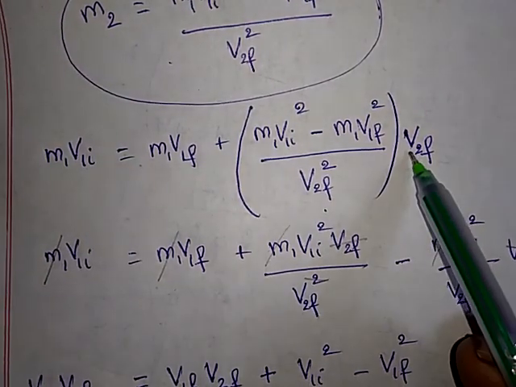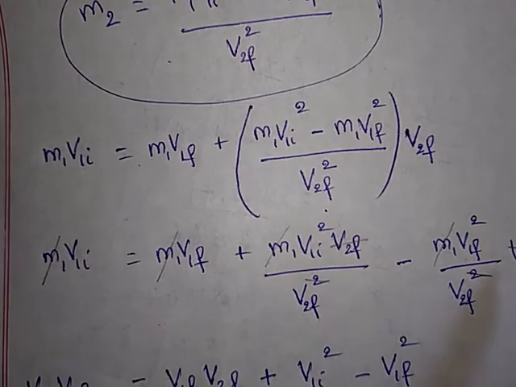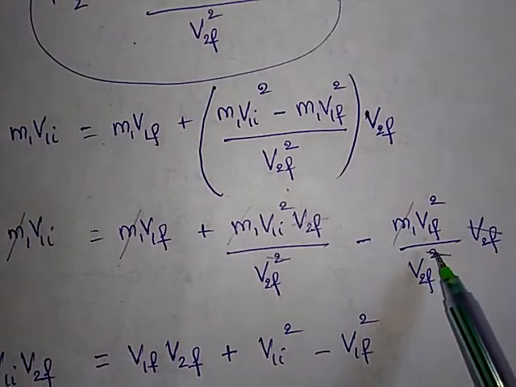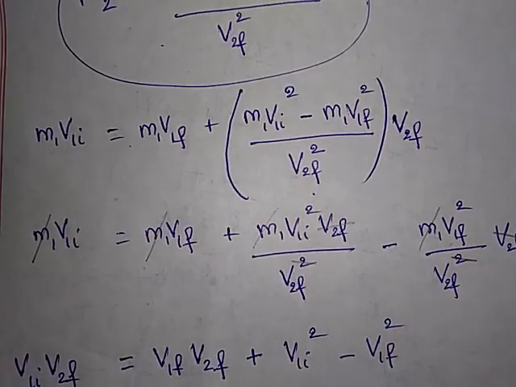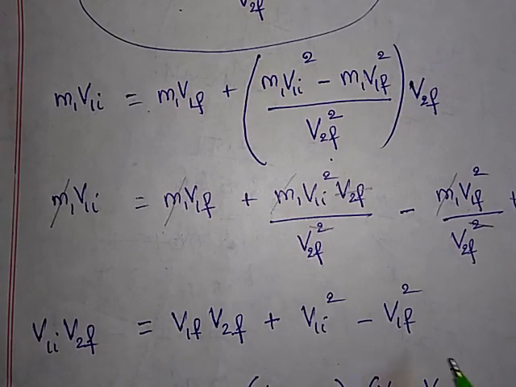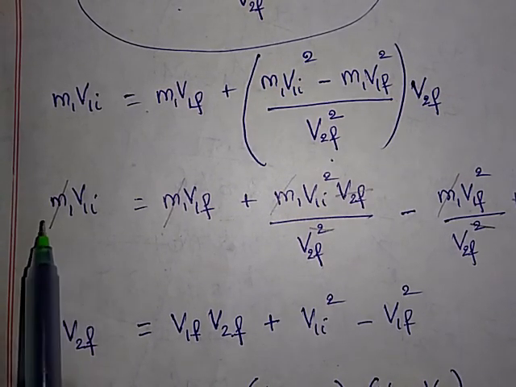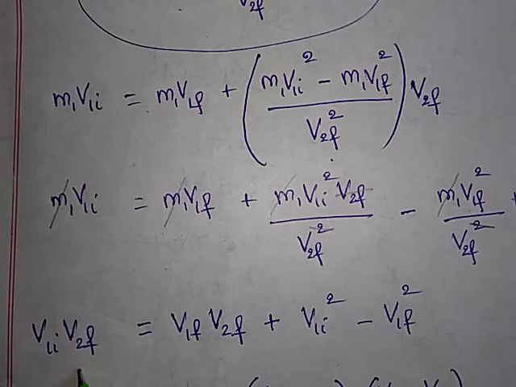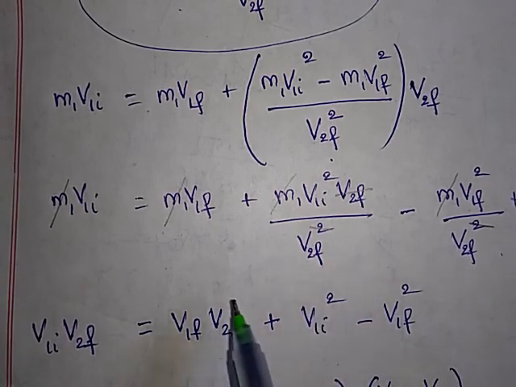M1 is a common term, it gets cancelled, and multiplied by V2F throughout. So if you multiply by V2F, here V2F cancels, and this term will be multiplied by V2F.